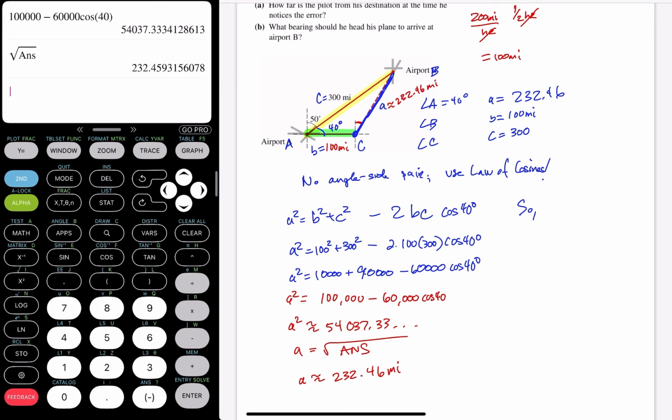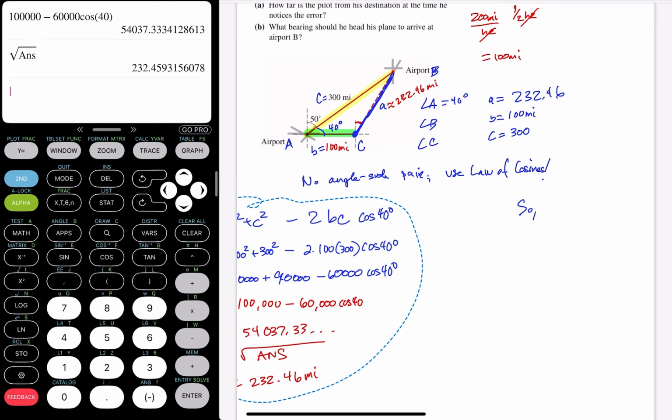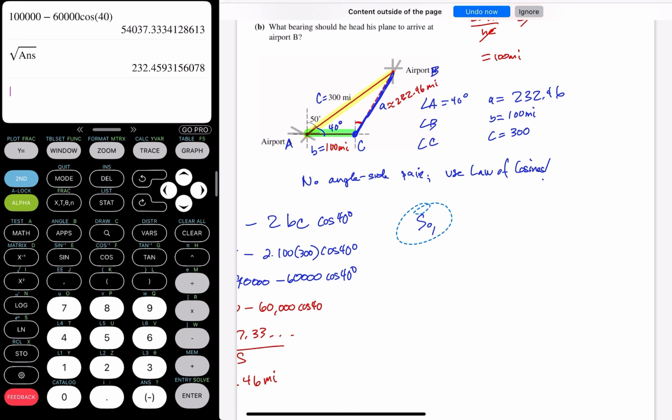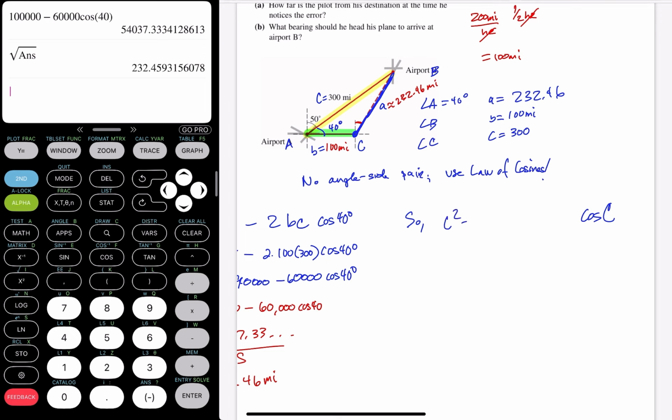So using the law of cosines again, to find angle C, I'm going to put C squared over here. It should be A squared plus B squared if it was a right triangle, but it's not. So we add in our correction factor of minus 2AB cosine C.